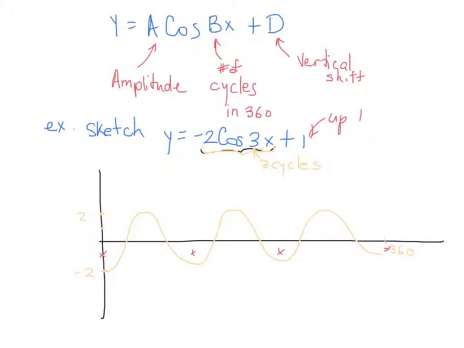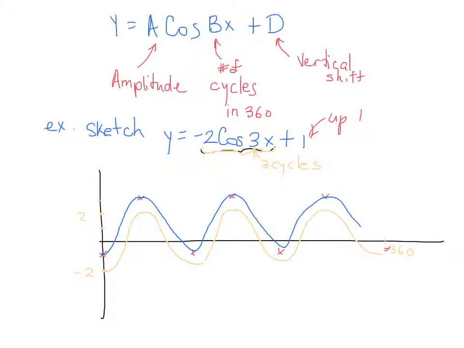And everything that was at 2 will now be at 3. So our highest point is now at 3, and it just follows that shape. So I can go ahead now and draw in that shape, and our graph looks like this.